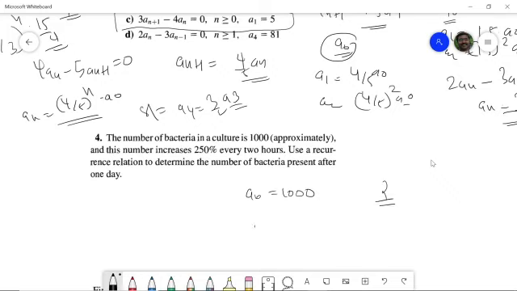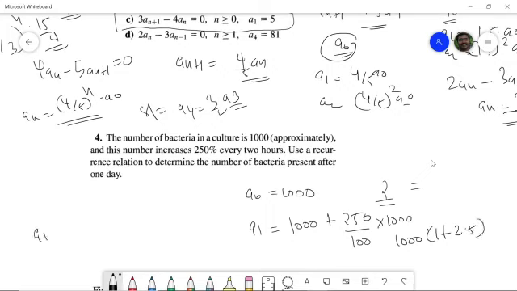So a1 is actually 1000 plus 250 by 100 into 1000, or you can take 1000 outside, so basically 1000 into 1 plus 2.5. So basically a1 is equal to 1.25 into 1000.